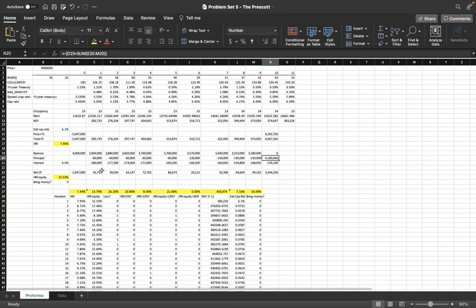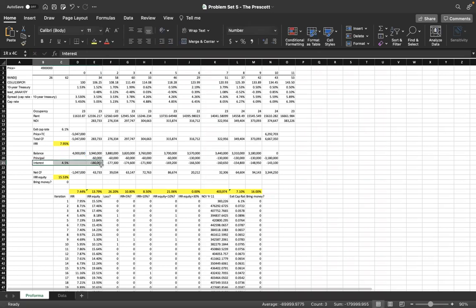And your interest would be based on the beginning balance. So for example, in year 1, before you repay the principal, your beginning balance is 4 million. So it's times the 4.5% interest rate. And in year 2, before you repay the principal, the remaining balance is 3.9 million something, times the 4.5% interest.